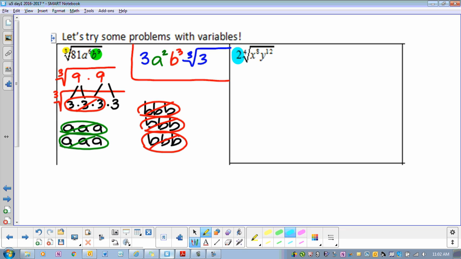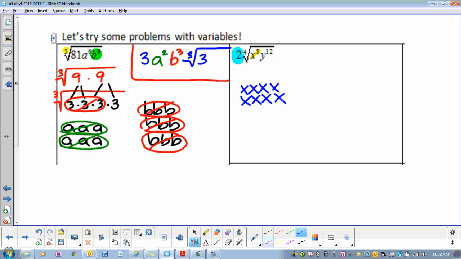All right, so let's see. Inside, I have x to the what? What is that, 8? Yeah? Okay. So this is a 4th root, so I need groups of 4, right? Okay, so I have 1, 2, 3, 4, 5, 6, 7, 8.